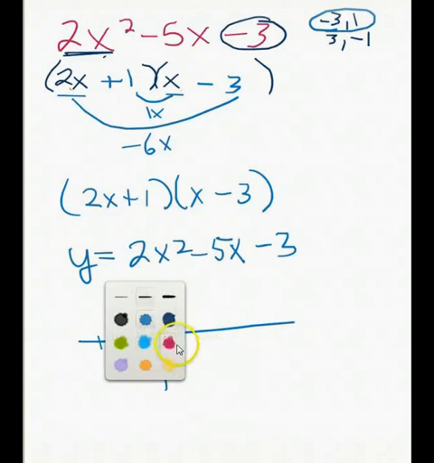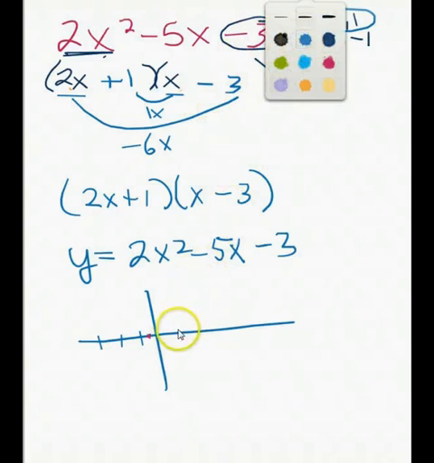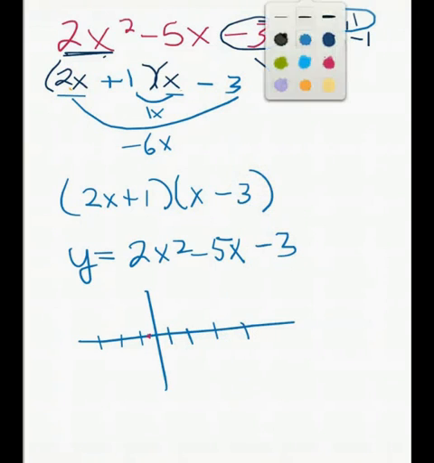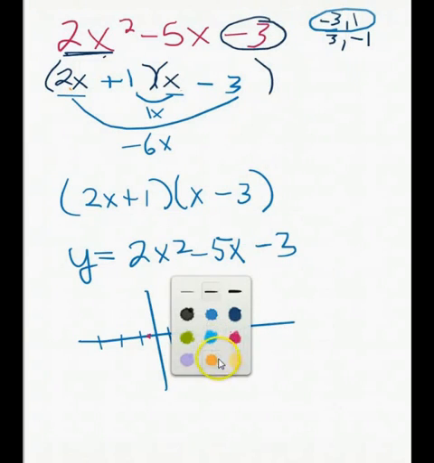You'll get one here. And then for the other one, which in this case was 3, one, two, three, that one is going to be 3, which is right here.